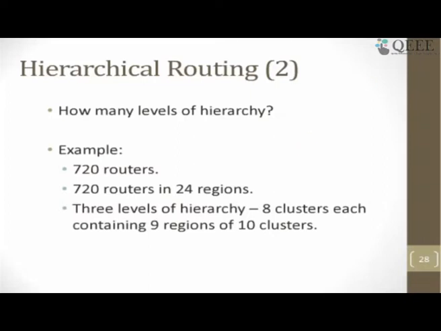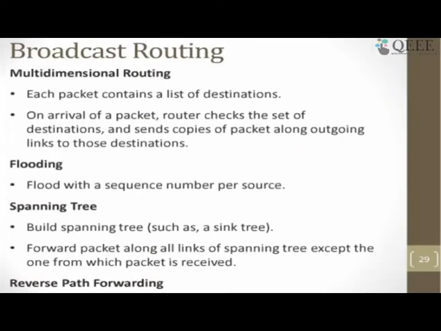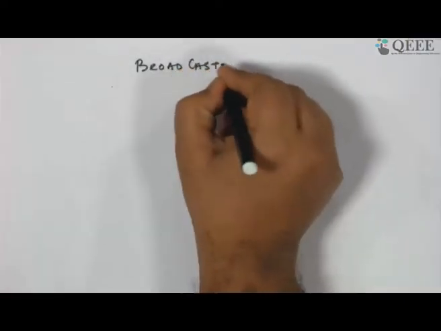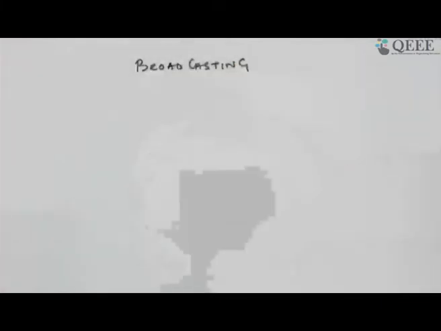Okay. So, now next we talk about the broadcast part. As I told you in the beginning only, broadcast and flooding are not the same, because in broadcast we are broadcasting to known nodes and we know all the nodes.